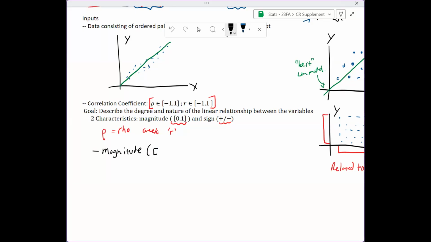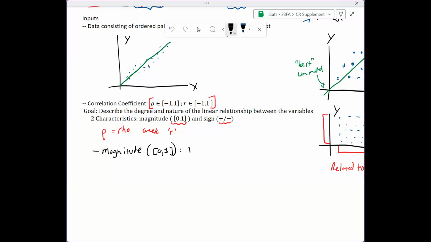So, magnitude between 0 and 1. What does the size of the correlation coefficient tell us? What does the absolute value of the correlation coefficient tell us?